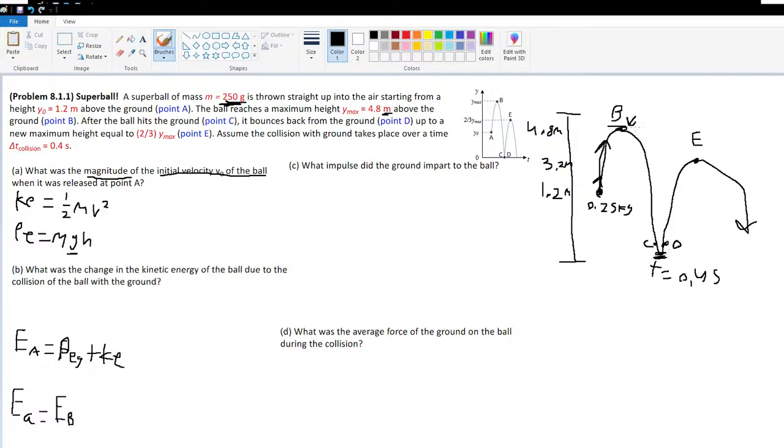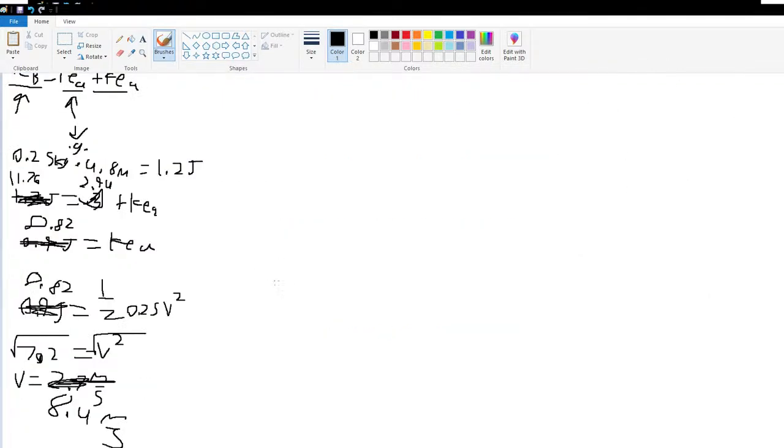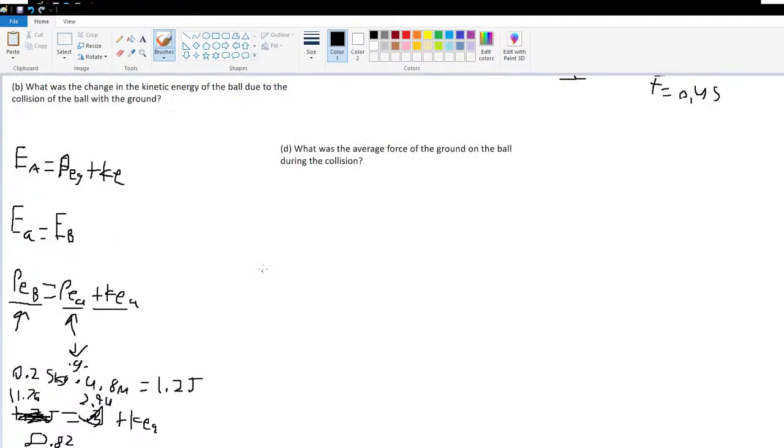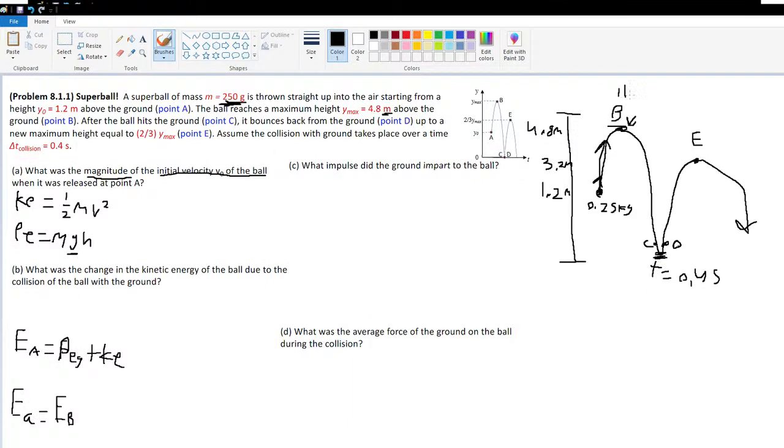So we know that up here at point B, it has 11.76 joules of energy, right, at point B. And then it goes down, and it loses some of its energy in a not perfectly elastic collision, right? And then what energy is left is what propels it back up to point E.